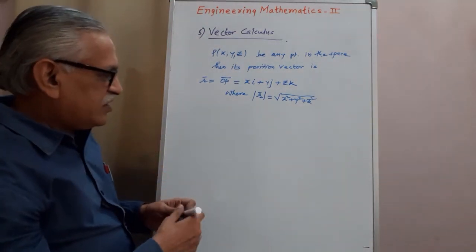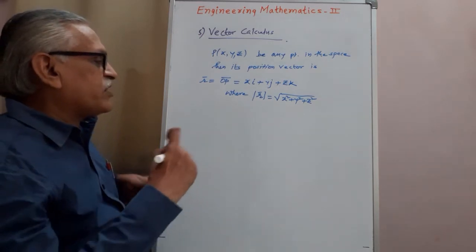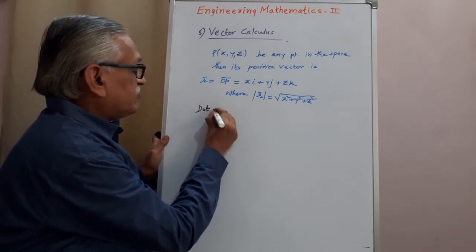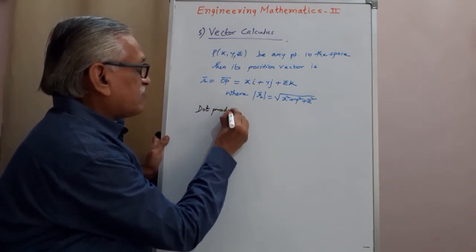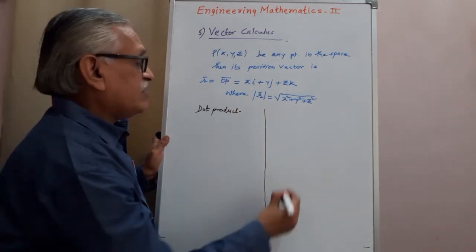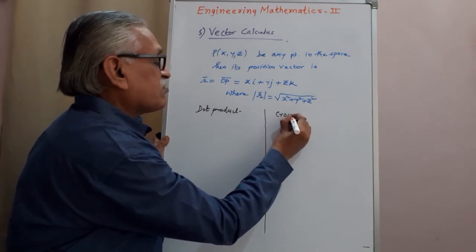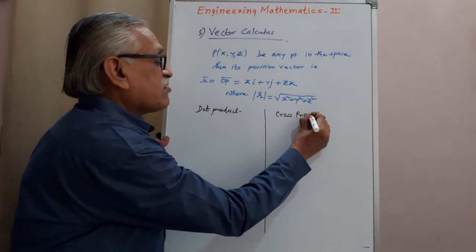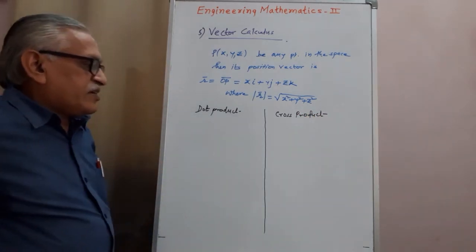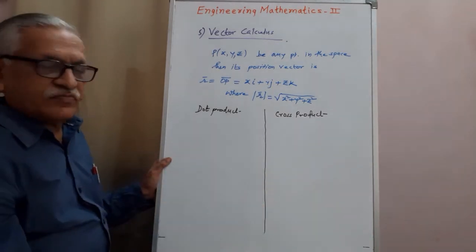In vector algebra we have studied two types of product. One is called the dot product, or scalar product, and the second is called the cross product, or vector product.